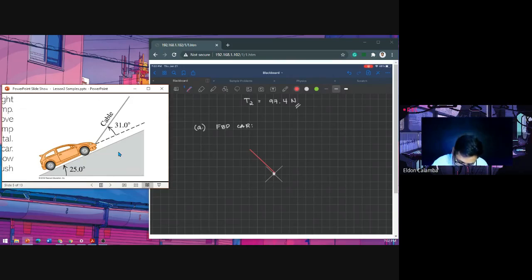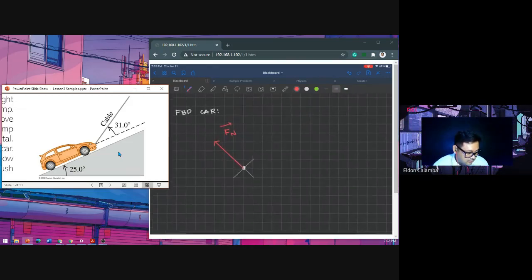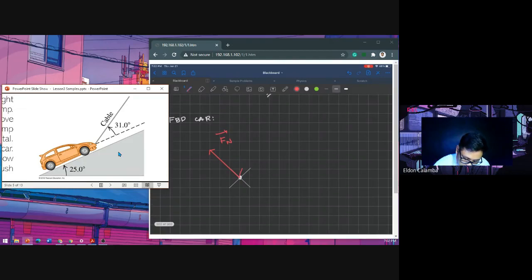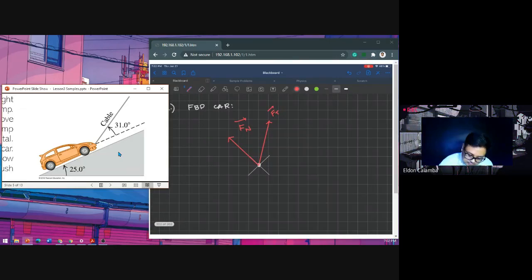So let's have FN. We have the tension force, the cable that is at 31 degrees, as FT. We have the weight, which is straight down, so you have FG.